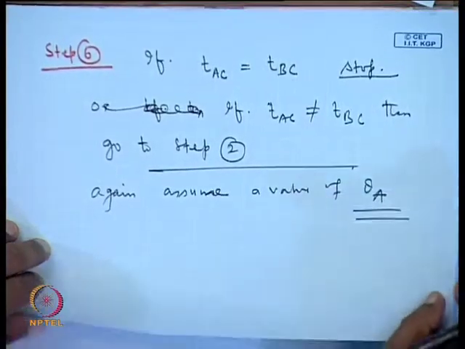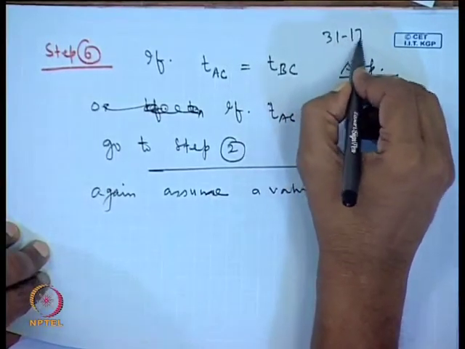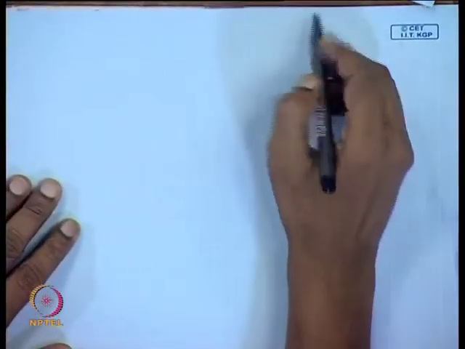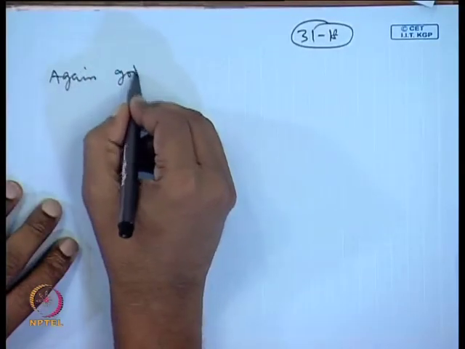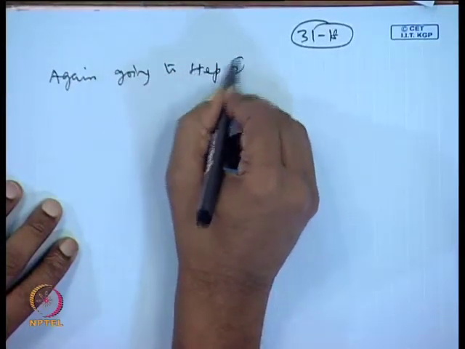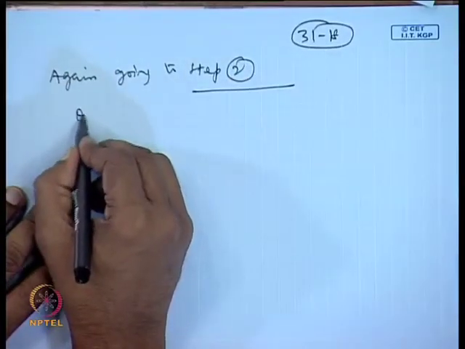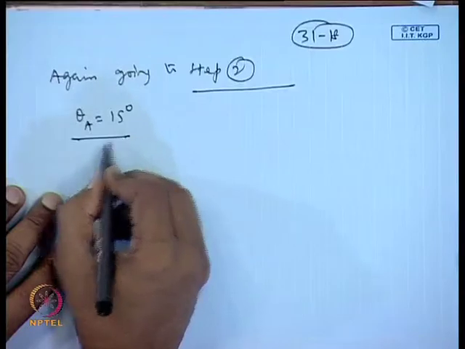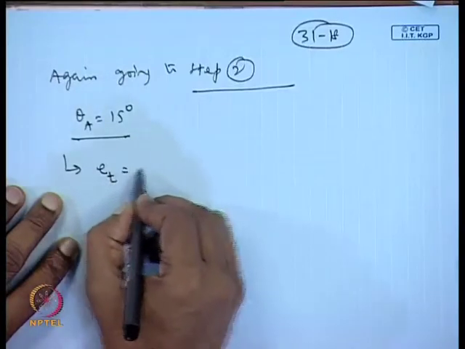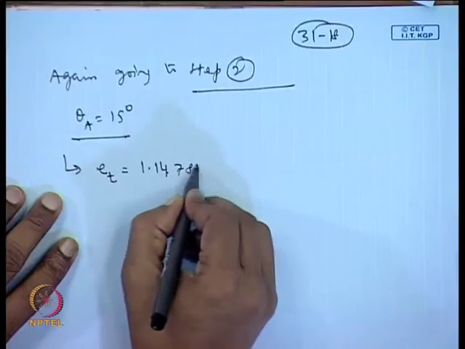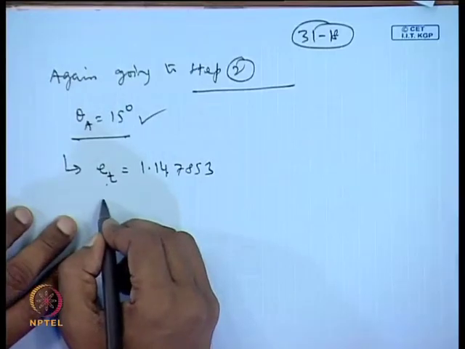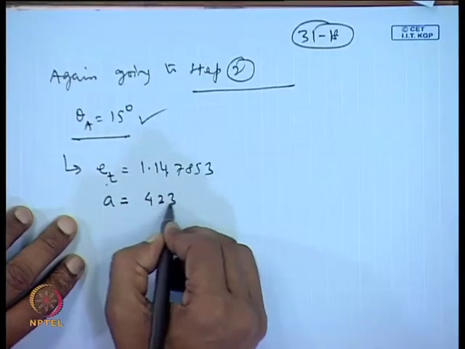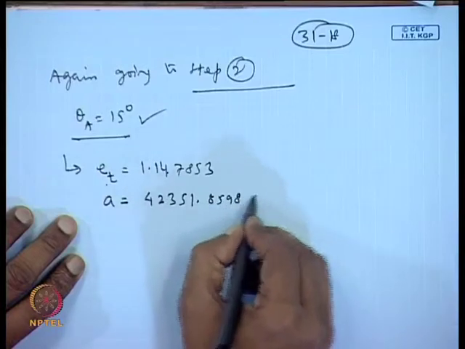If we assume a new value of theta a, obviously we need to iterate. So, again going to step 2 and assuming theta a to be 15 degree, you can calculate E t equal to 1.147853 if you follow all the steps, and you will have a equal to 42351.8598 kilometers.